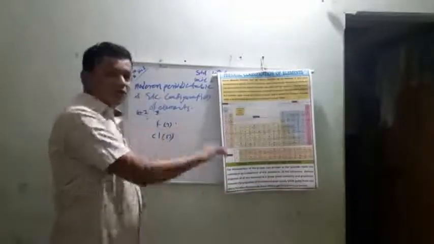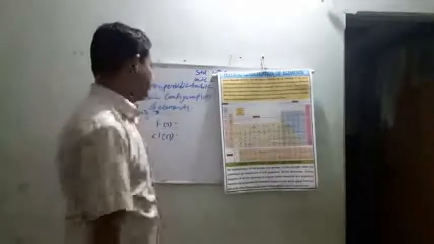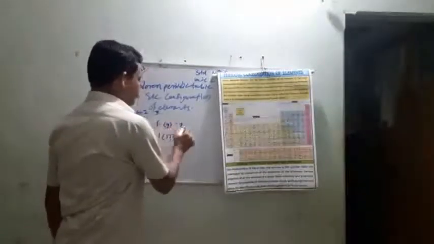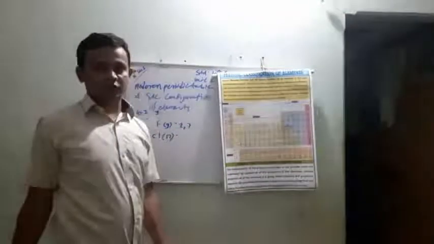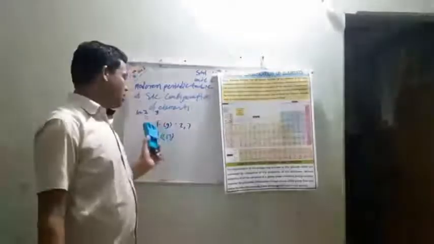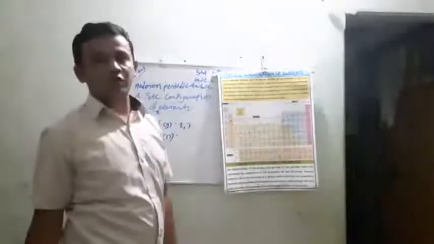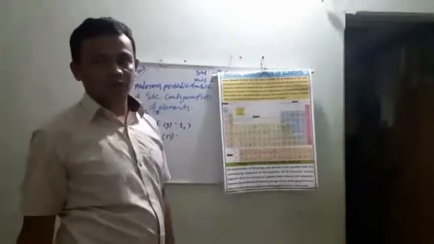If you write the electronic configuration of elements present in group 17, first shell has 2 electrons, the next shell contains 7 electrons, because the atomic number of fluorine is 9. So in the last orbit there are 7 electrons.